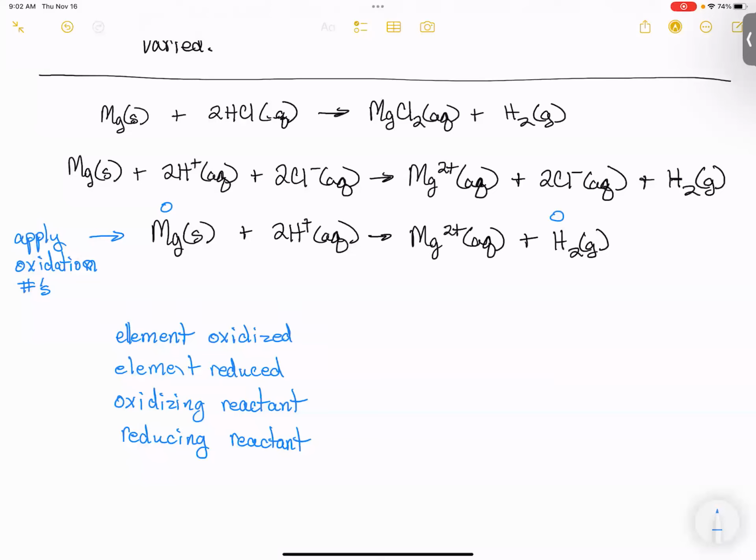Hydrogen is also going to have an oxidation number of 0 because it consists of only one type of element and it is neutral. The next rule says ions will have the same oxidation number as their charge. So hydrogen, since it's a +1 charge, is going to have a +1 oxidation state.